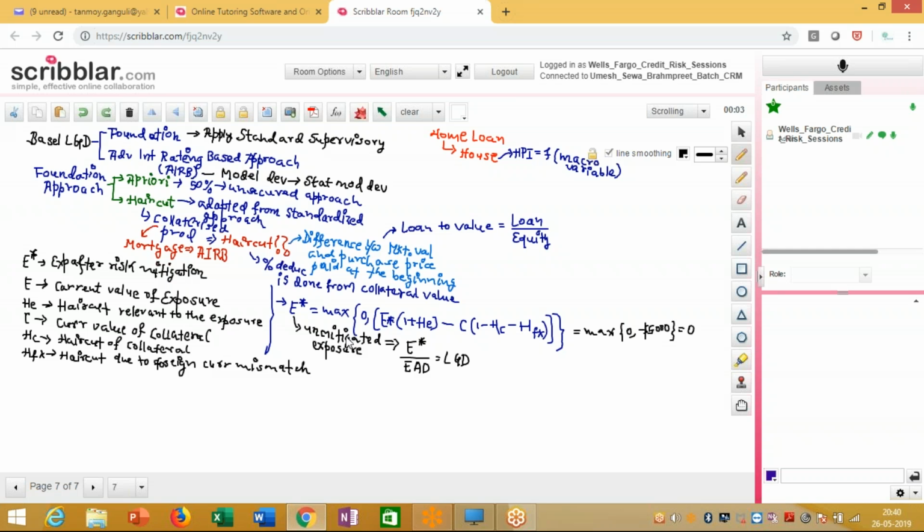So the question that comes out over here is, if haircut is so important, then how is it that this haircut is defined or determined? How do we determine the haircut? When we choose the haircut, what are the guidelines, or what would be the specific criteria of choosing the haircuts?